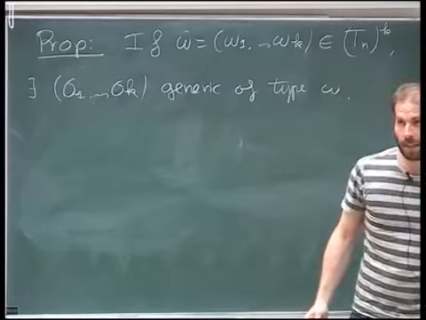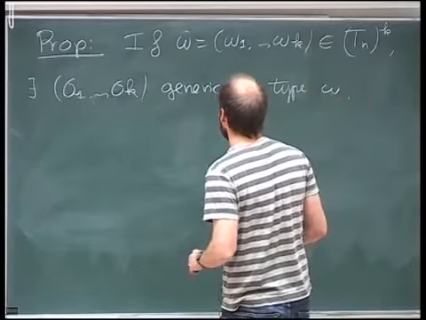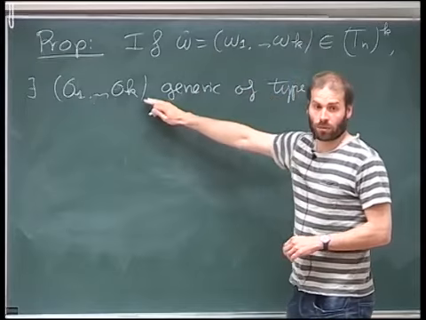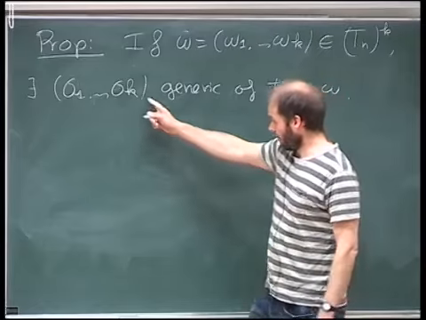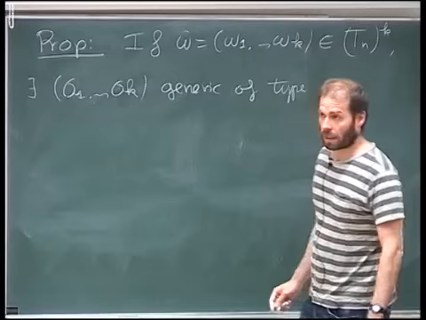So in what I am going to say, we will really think in terms of types and not of conjugacy classes, because we can always realize a multi-type as the type coming from a generic tuple of conjugacy classes.